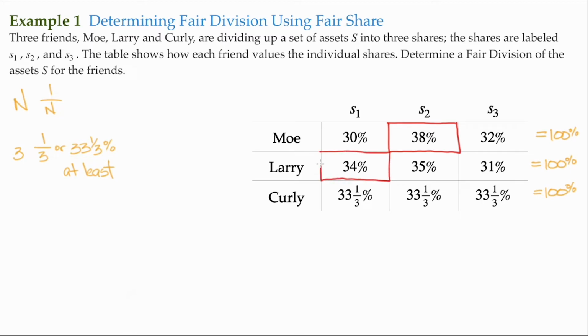And it doesn't really matter which shares Mo and Larry get to Curly, because Curly values each one of them equally. But the only one left is the third share. So a fair division of this set of assets would mean that Mo would get share 2.